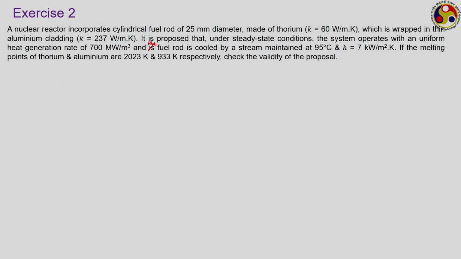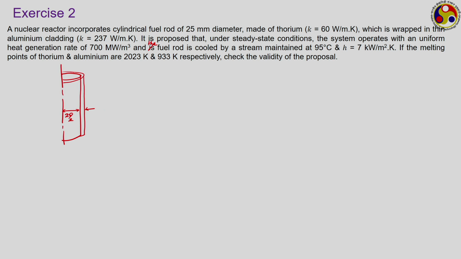So, you have a cylindrical fuel rod. Let us draw only half of the domain. So, this is your fuel rod made of thorium, and around this rod we have a thin cladding. Cladding is nothing but a jacket kind of thing. So, this is the fuel rod, its diameter is 25 millimeters, so radius is 25 by 2, and an aluminum cladding, a very thin aluminum cladding.